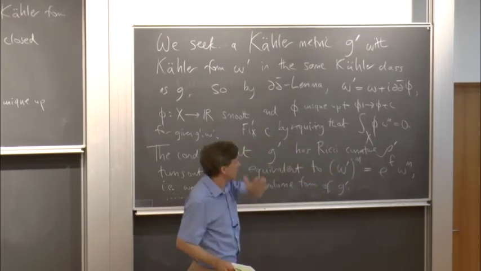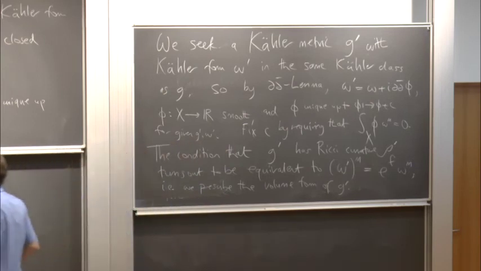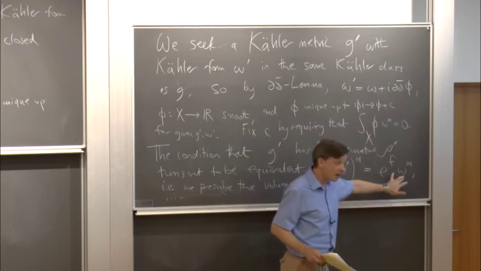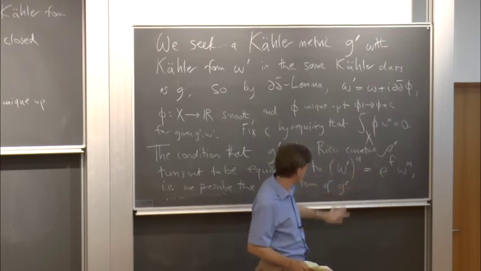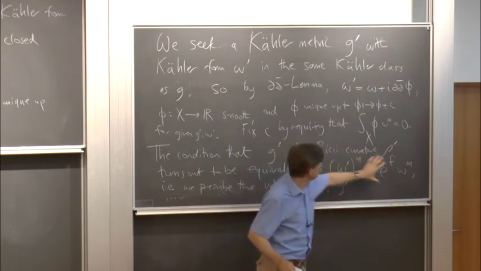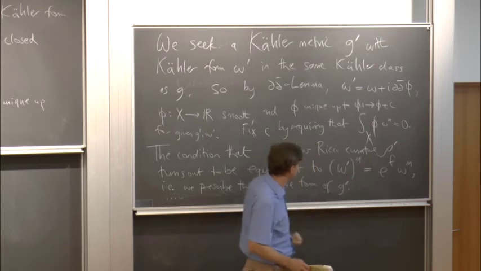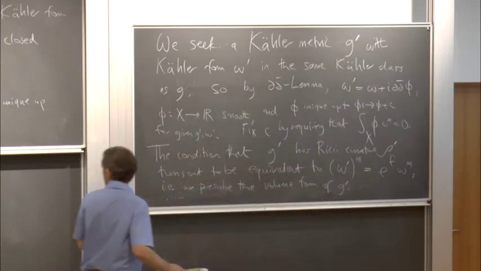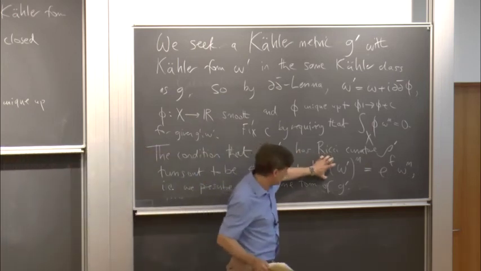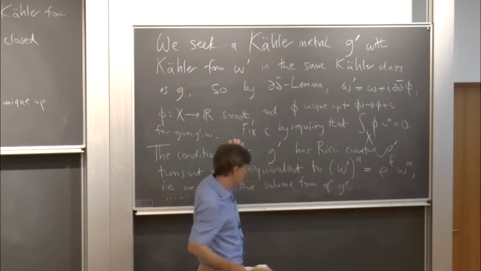So you can now see why I ask for this to be true, because if ω' and ω are in the same cohomology class, then ω'^m and ω^m are in the same cohomology class, which means that the integral of these two forms have to be the same. So it's necessary that this equation should hold for that equation to hold with ω' and ω being cohomologous.